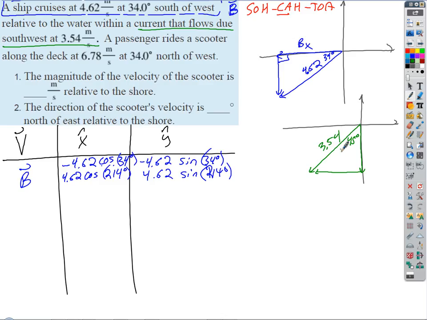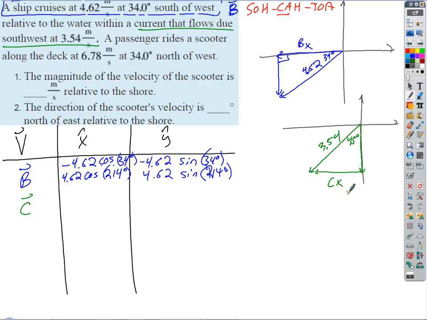So we'll call this one, the green one, what do we call that, C for current? So C sub x then, if I base it on my reference triangle, am I going to multiply by sine or cosine? Sine. There's the angle, it's opposite, right? So I'd go sine.